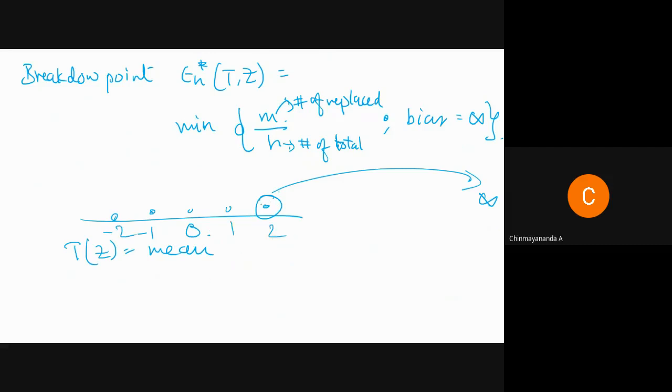By just replacing this one point by infinity, our T of z dash became infinity. Even if you take the L1 norm or whatever norm, the L2 or Lp, unless you go to L infinity.